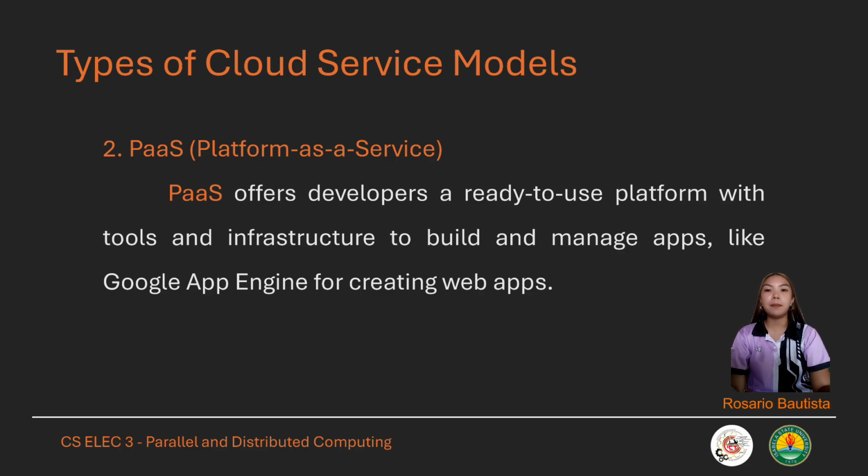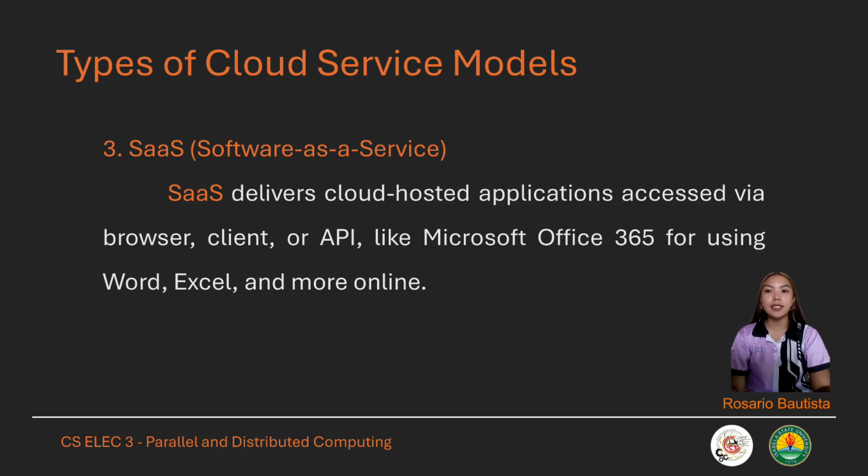It offers a development platform for building apps without managing hardware. An example is Google App Engine. And the last one is SaaS, or Software as a Service. Users access software online without installing it. An example of this is Microsoft Office 365.